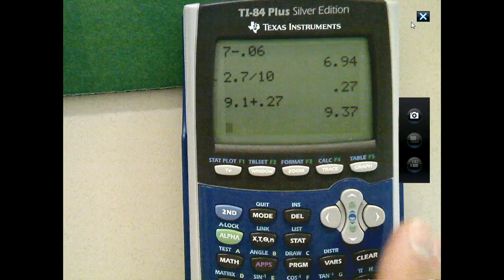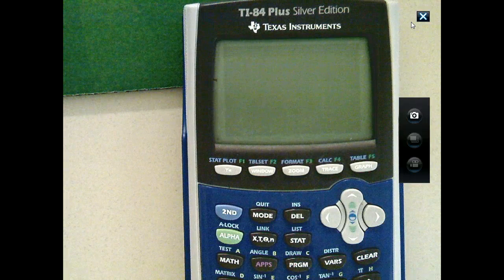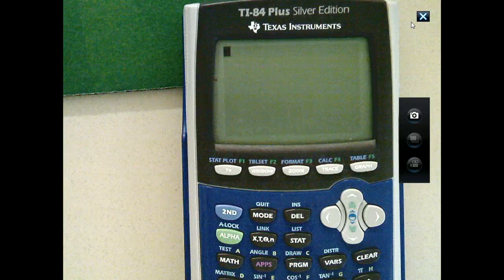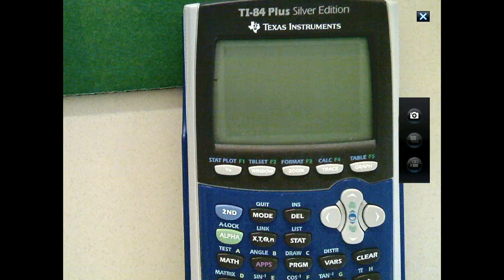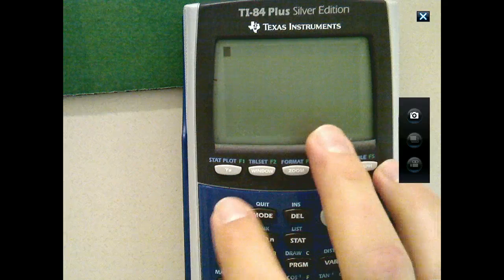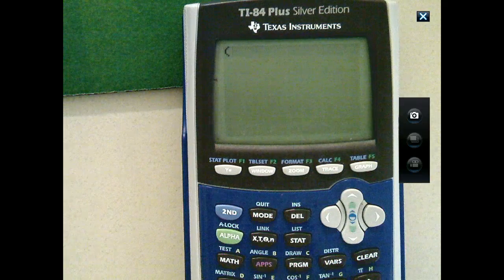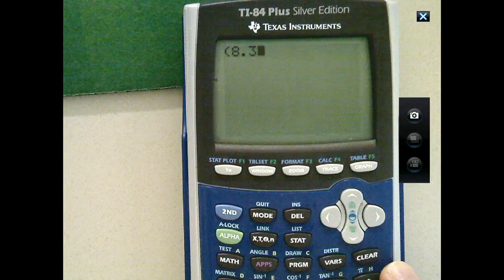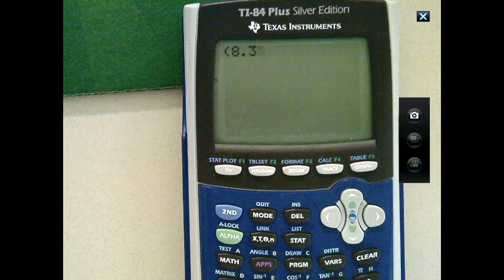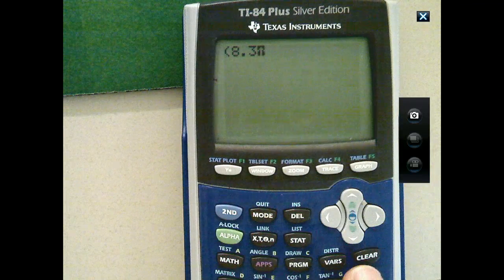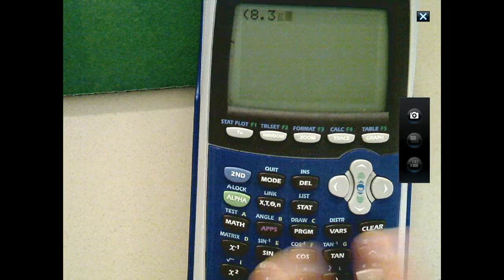For example, I'm going to put my calculator right here. I'm going to clear it, and I'm going to look at that last one, even with the different exponents. One way you can check yourself, for example, is to put parentheses. I can say 8.3, and the way I get times 10 on this calculator, you push second, and then there's the comma button right here, and it's also EE.